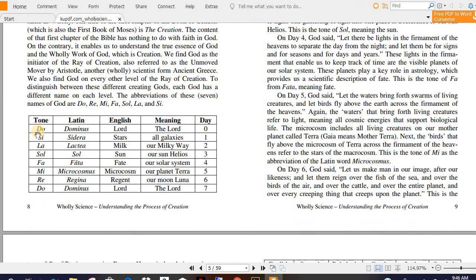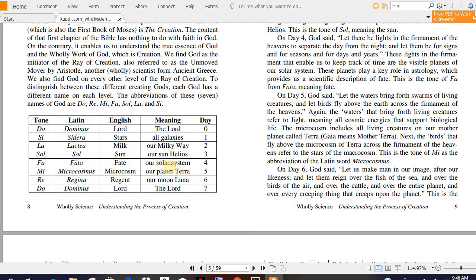Check the chart. Do, Dominus, Lord, the Lord, for day 0. Si, Sidereal, stars, all galaxies, 1. La, Lactea, milk, our Milky Way, 2. Sol, sun, our sun, Helios, 3.